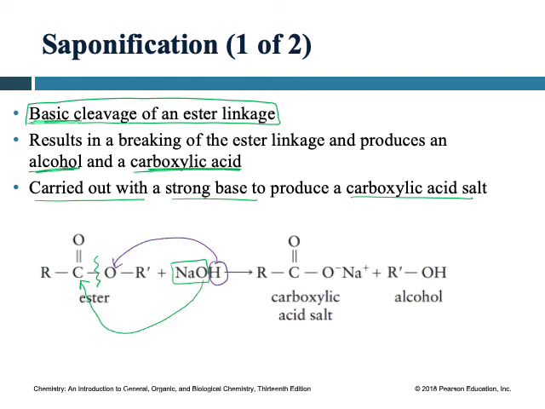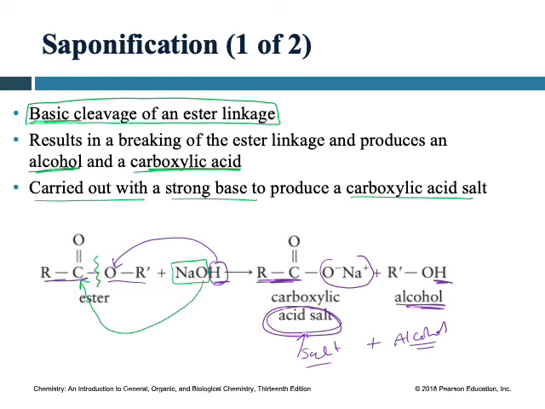So what are you going to make? You're going to make RCOONa, which is this, a salt, and then the other one is ROH, an alcohol. So whenever you do a saponification reaction and you break an ester bond, you always make a salt with an alcohol, right?